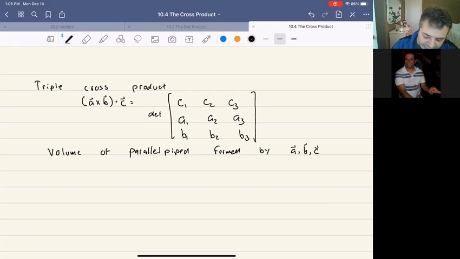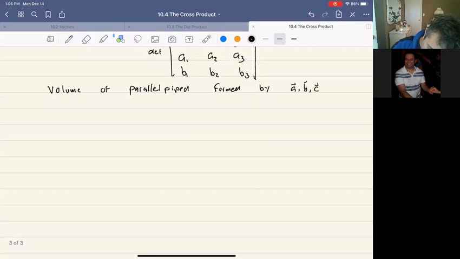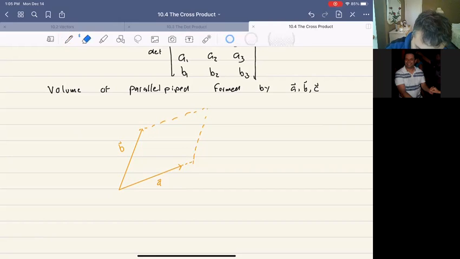Okay, so what it is, let's say we have three vectors here. Let's see if I can draw this. So A and B here, they're going to form a parallelogram. It shouldn't be like that. It should be like so.